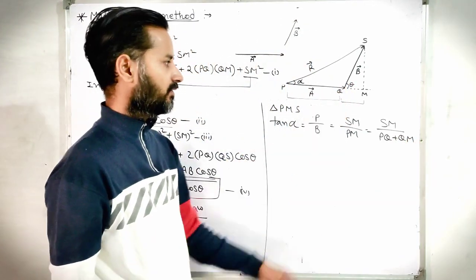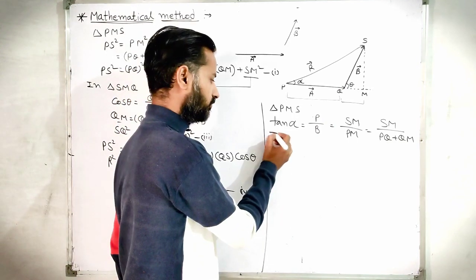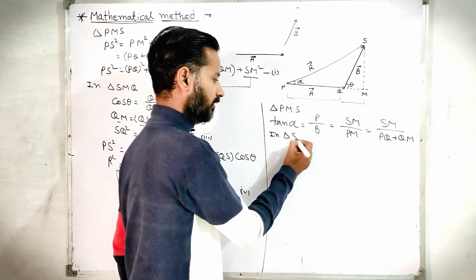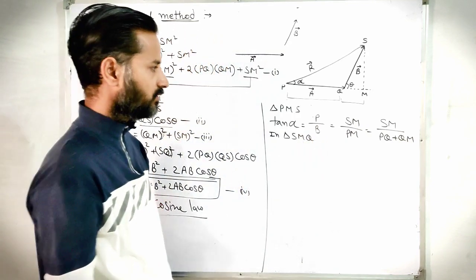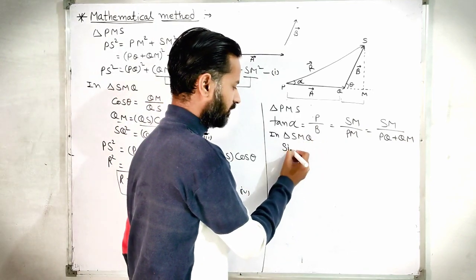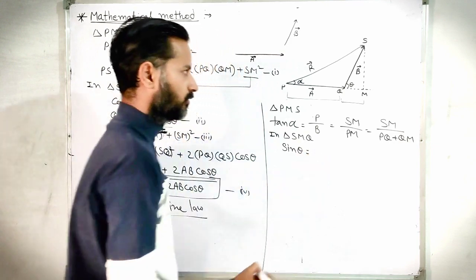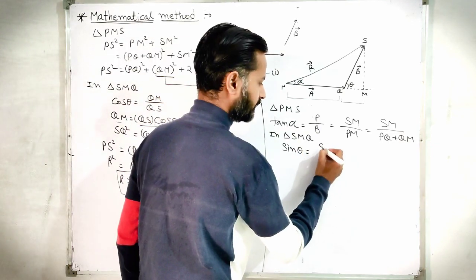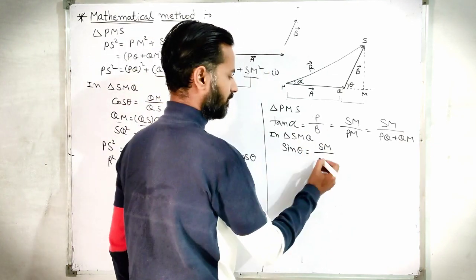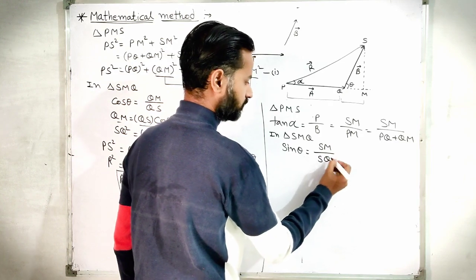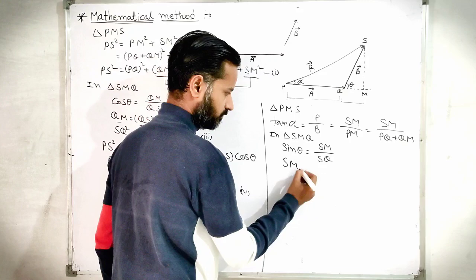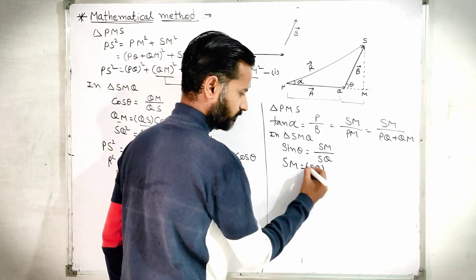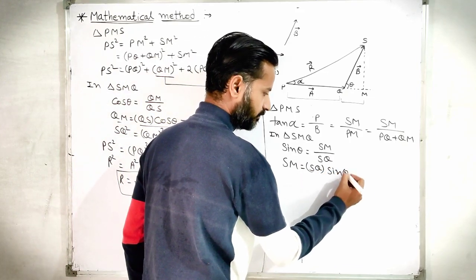And now again in triangle SQM, we have sin theta equal to SM divided by SQ, or SM equal to SQ sin theta.